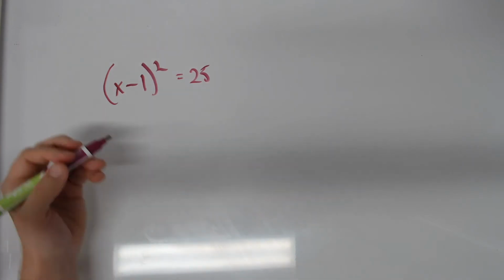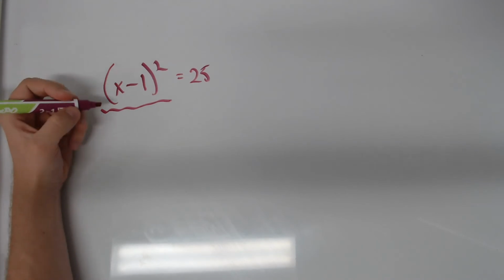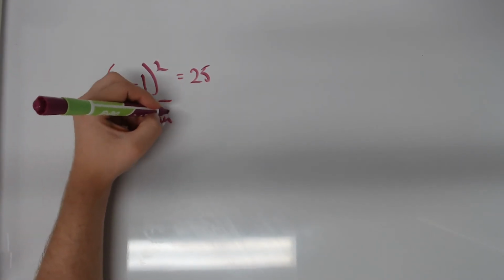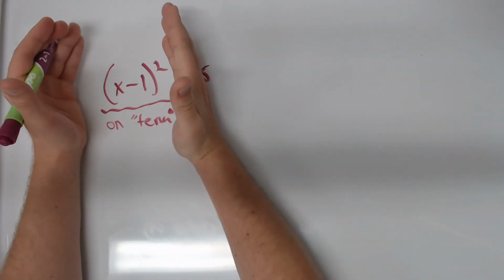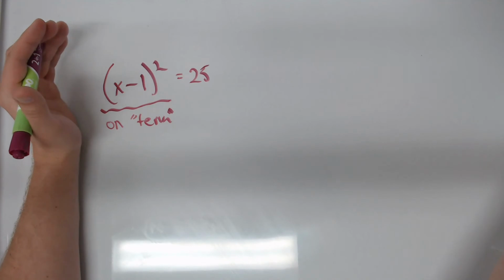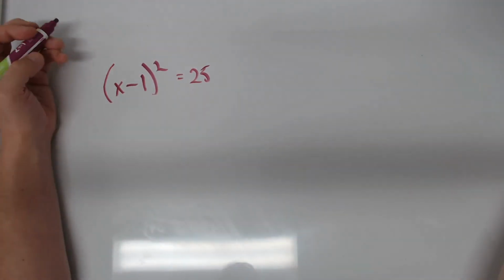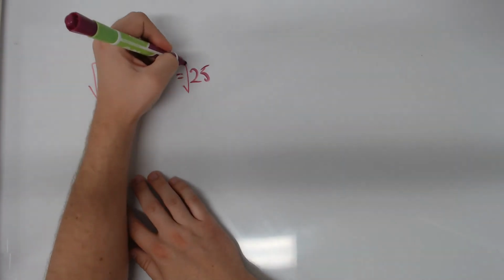So here's our slightly different one. So this is all one term. In the grand scheme of things, this is one term. All right? So the squared thing is already alone. The parentheses is the thing that's squared, and the parentheses is the only thing on its side. So I can just go straight ahead and square root from the start for this problem.